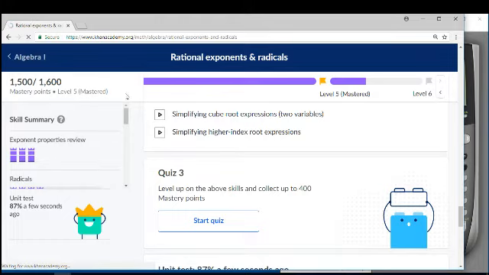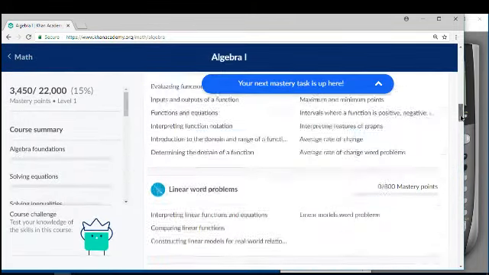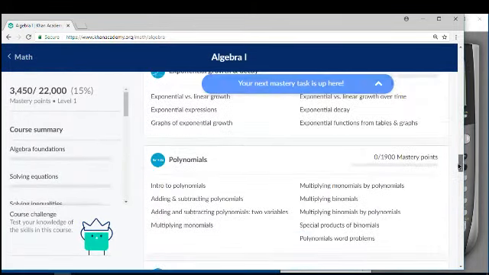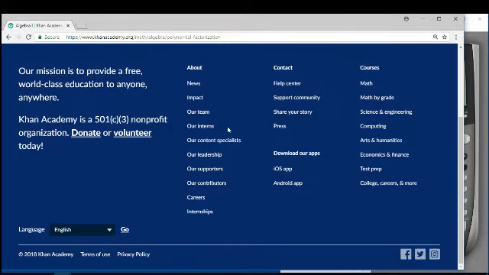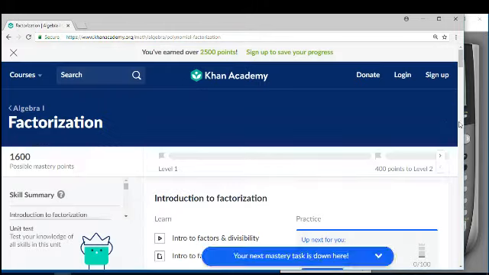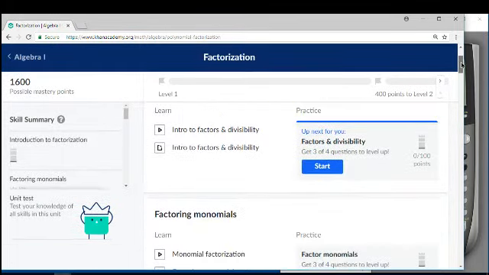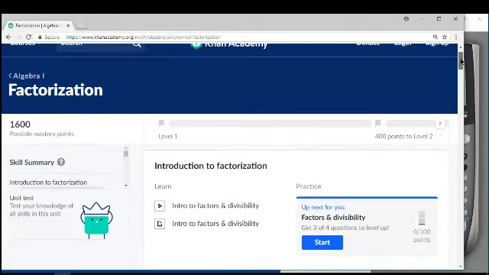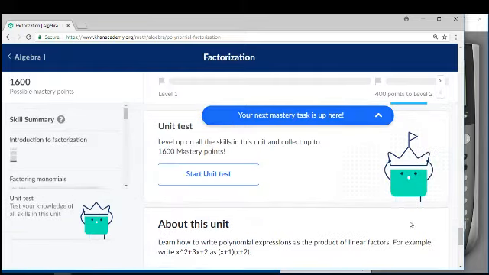All right, the last one is factorization. Let's go to factorization. I'm going to go straight to the unit test.